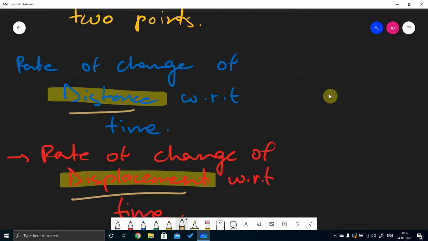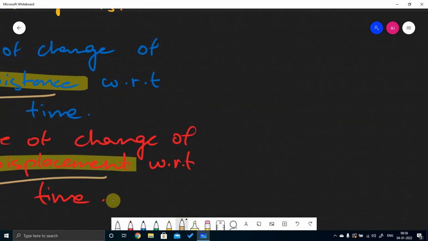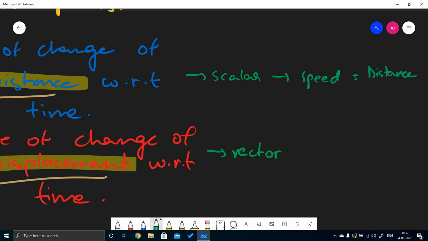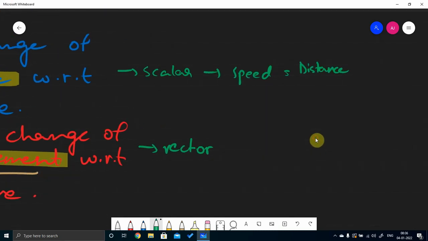Now let's go ahead and write a few differences. If we talk about a few differences, first of all, this is a scalar quantity and this is a vector quantity. This is scalar, this is vector, right? And if we talk about the formula, we can write speed is equal to distance covered upon time taken.